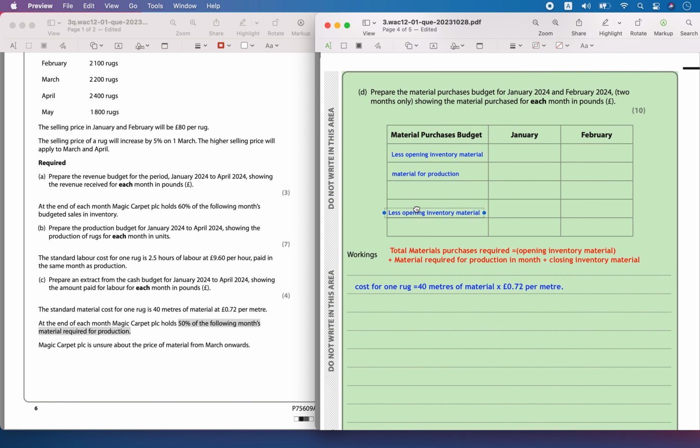Then you will add the closing inventory material, and then you will have the material purchases for the month, total material purchases.